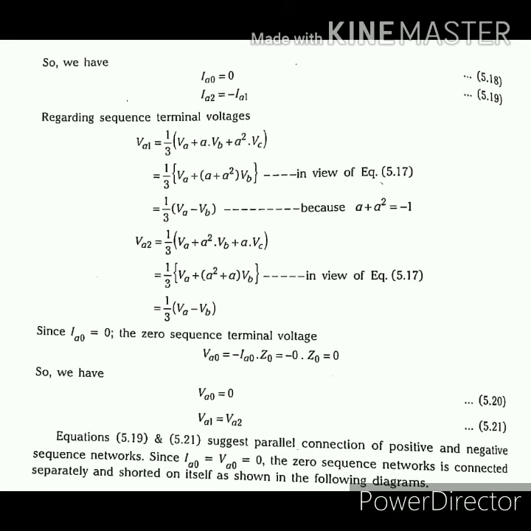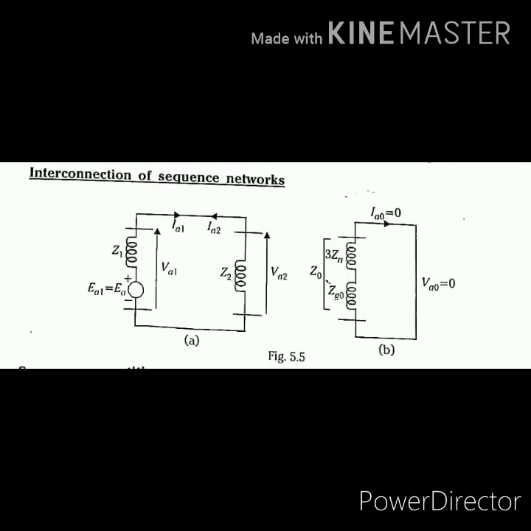Now since VA0 is 0, VA1 is equal to VA2, and IA2 is equal to minus IA1, we should draw a parallel connection of the positive and negative sequence networks. The zero sequence network is connected separately and it is shorted on itself. So you can see the interconnection. For positive you should have a voltage source EA1 and Z1.